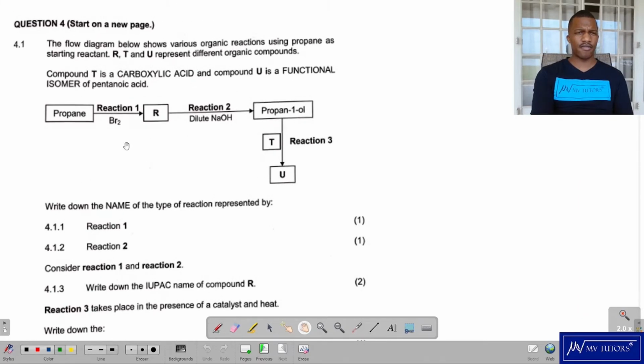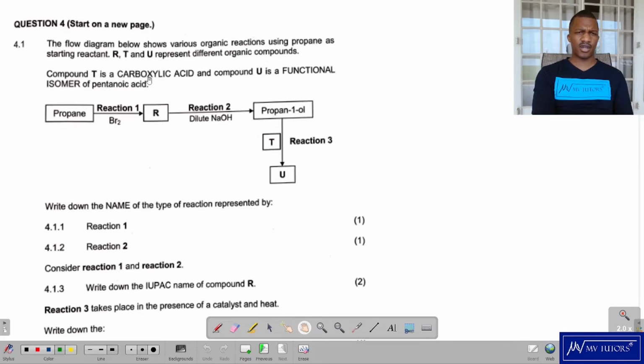Question number 4 says the flow diagram below shows various organic reactions using propane. If you know propane, it's got 3 C's as starting reactant. R, T and U represent different organic compounds.